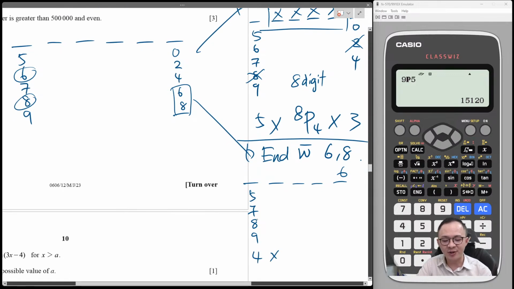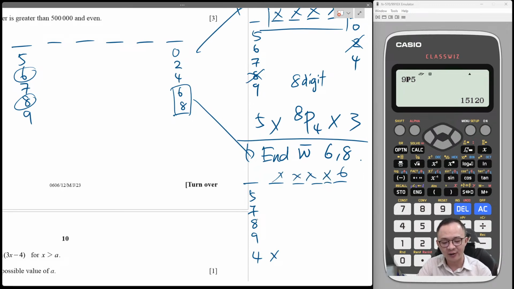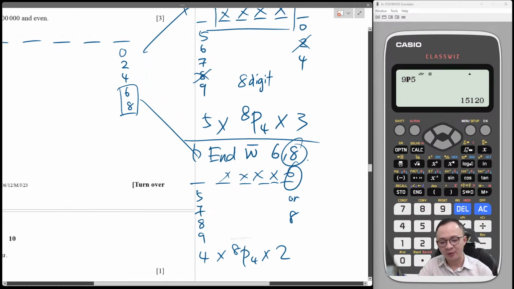Then the middle is still the same. I will have 8 digits. I want to fill up 1, 2, 3, 4, isn't it? So it's 8P4. Then this one only 6 is 1. But then I will do the same thing for 8, right? So this one I assume I can put 6 or 8 at the last place. So this is the reason why I multiply 2.